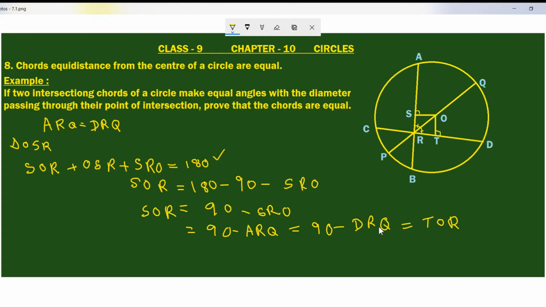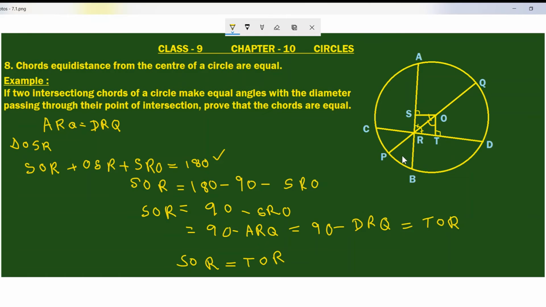So that we have written already this is DRQ. So that we have written TOR. So we have proved SOR is equivalent to TOR. Got it? This angle is equivalent to this angle.